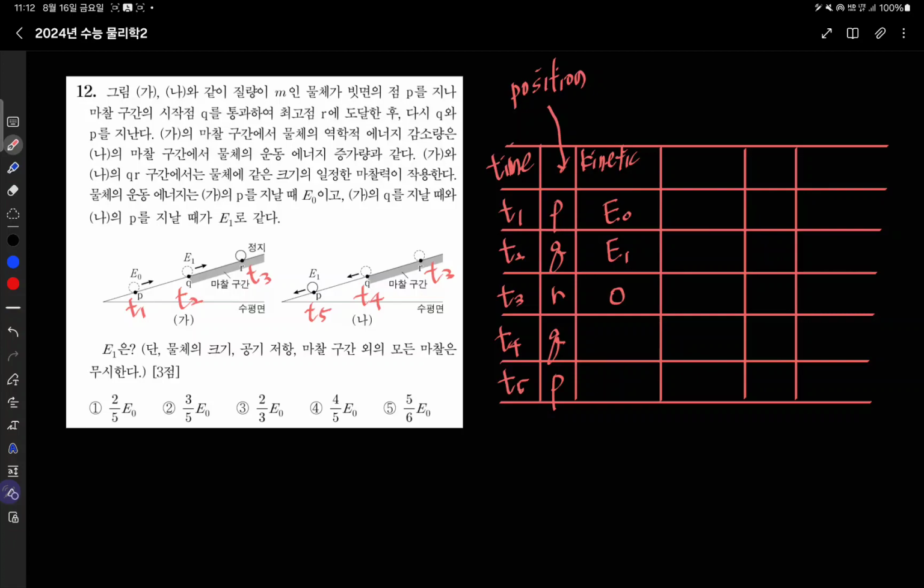And for the potential energy, the original potential energy is not given, so let's say that's E2.